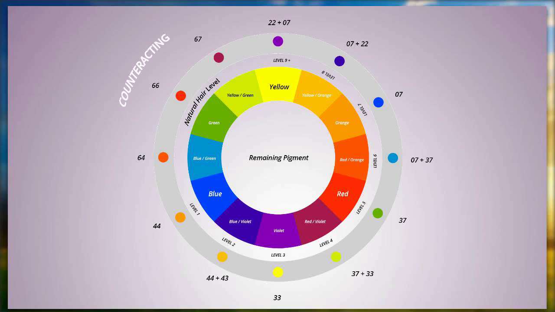For example, and this can be kind of like a teaser into a more color correction type class that we can do later as well, some color lines are very, very hard to get out of the hair. Even with bleach, you can't get them out.